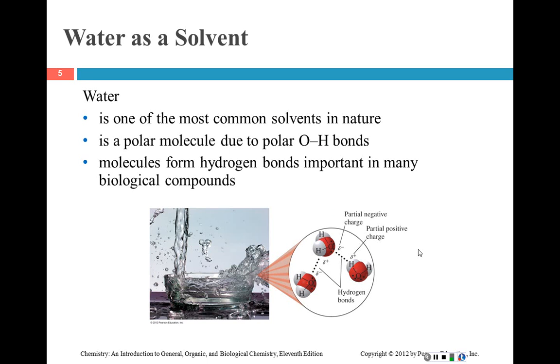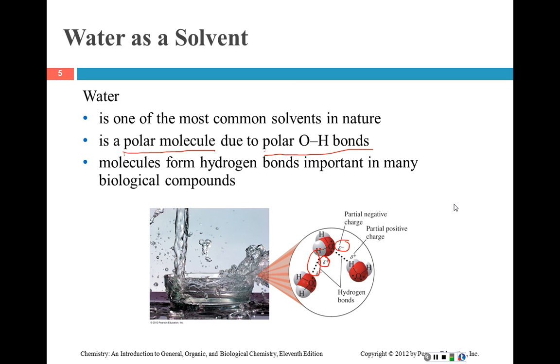Water is a polar molecule. If you remember what that means, it means that you have a partial negative end and a partial positive end to that molecule. That's due to the fact that it has polar bonds between the oxygen and the hydrogen. Molecules form hydrogen bonds between each other.